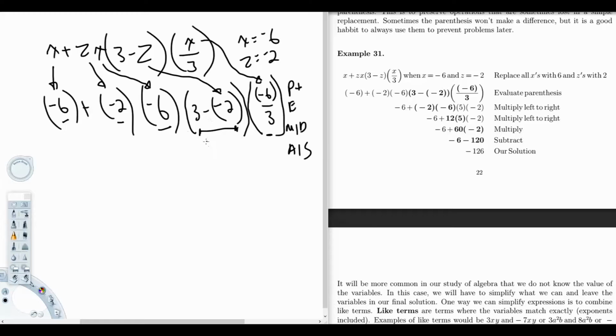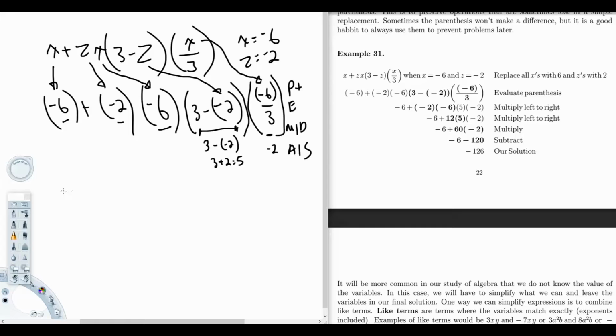So let's solve for this: 3 minus minus 2. Every time you're subtracting a negative, it becomes a positive. 3 plus 2 equals 5. Minus 6 divided by 3 equals negative 2, right? There's only one negative. If one of them is negative, it's a negative answer. So that's a minus 2.